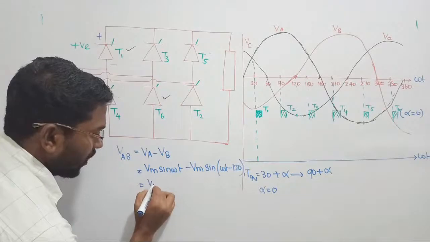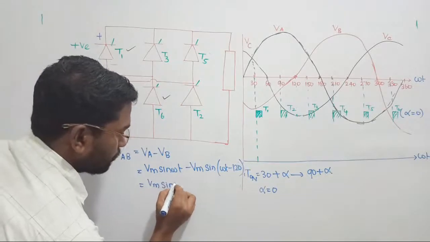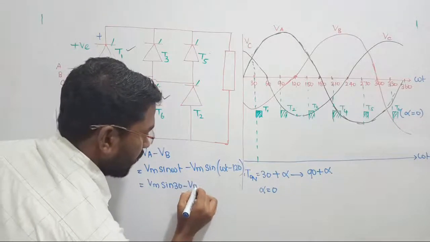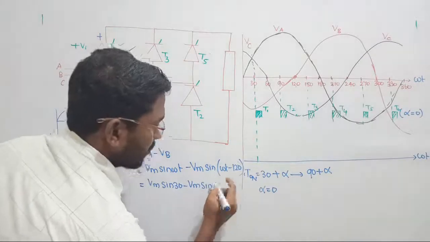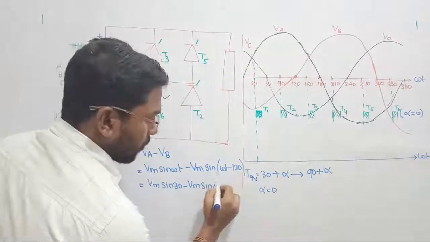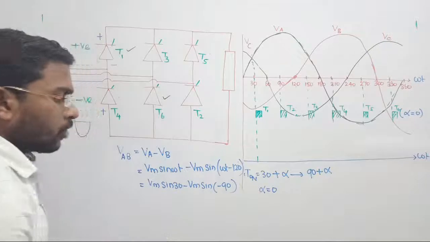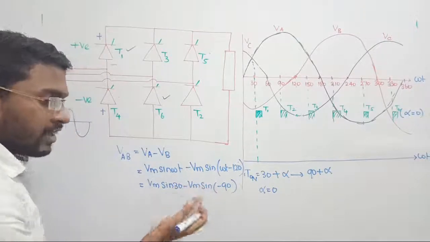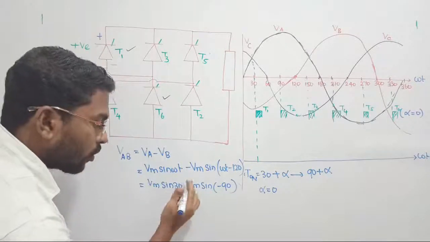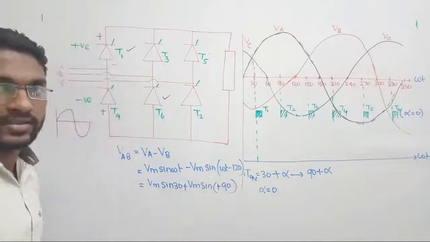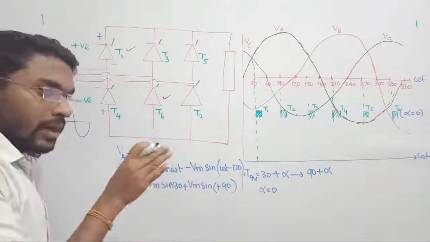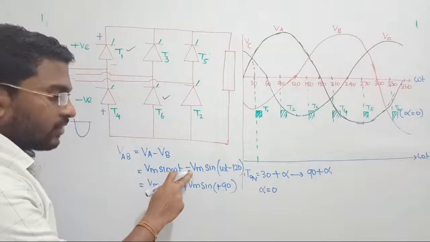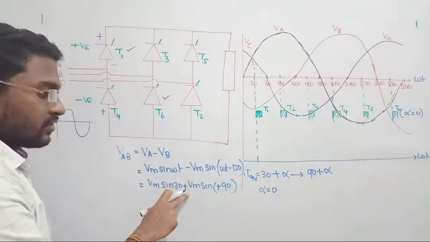So it is going to be Vm sin 30 minus Vm sin(30 minus 120), which will become minus 90 degree. We all know sin of minus theta can be written as minus sin theta. Already we have a minus in front of sin, so minus into minus will become plus.